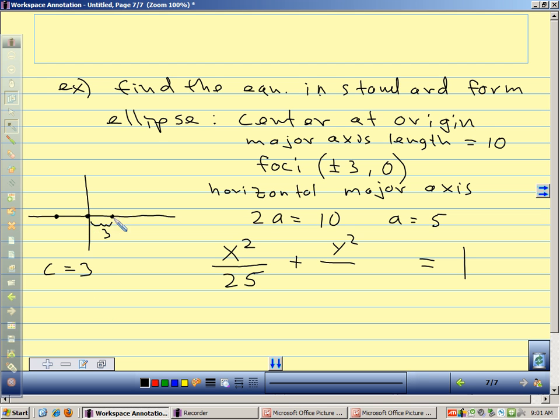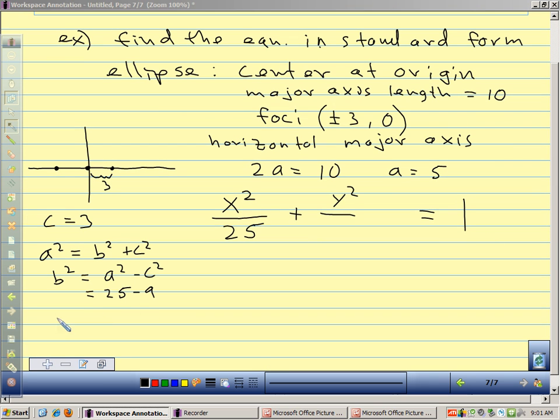C is 3. C is a distance from the center to the focus. So C equals 3, and we know that A squared equals B squared plus C squared. So B squared equals A squared minus C squared, and that is 25 minus 9. So B squared equals 16.